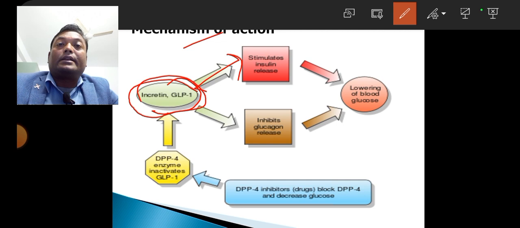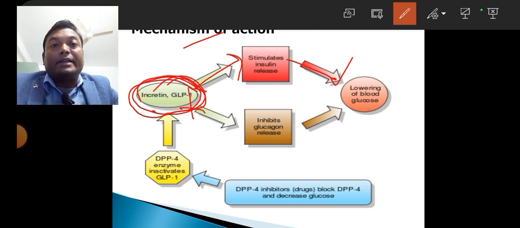This incretin hormone stimulates insulin release and lowers the blood glucose concentration. But immediately these incretin hormones are degraded by the DPP4 enzyme.